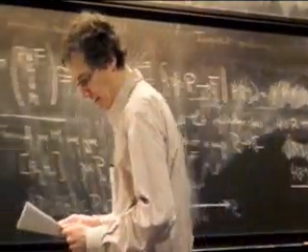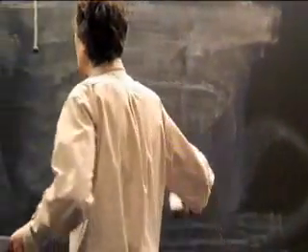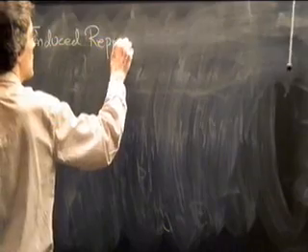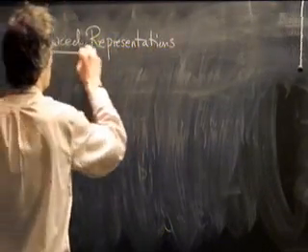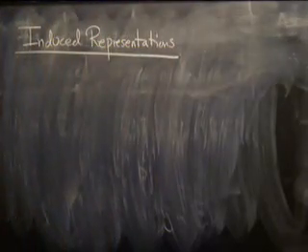I think I had better first tell you about something a little more concrete where we really use this associated bundle construction, which is the theory of induced representations. And we'll come back to frame bundles and the reduction of the structure group later.